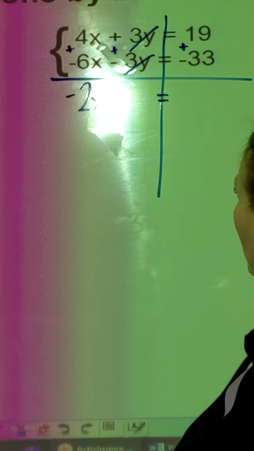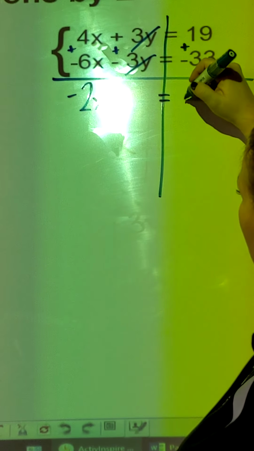Or 3 combined with, however you want to word it. And I know it looks like I'm making this 33 a positive, but it's just 19 and negative 33. The bigger one is negative, and then I have to find the difference between 33 and 19.